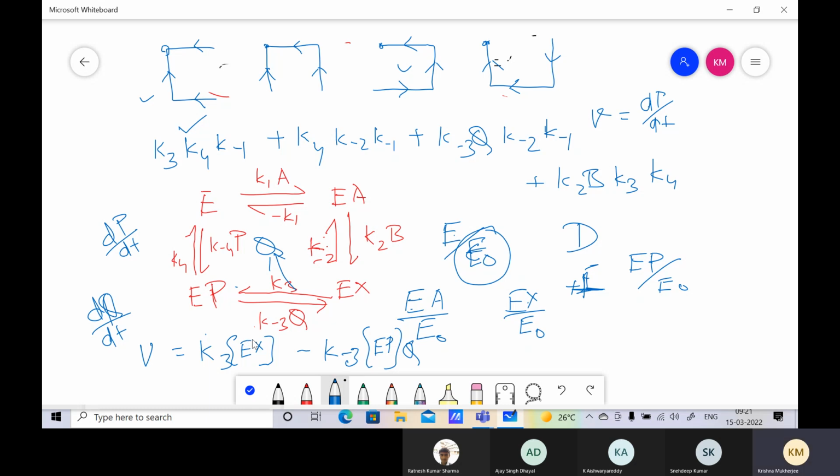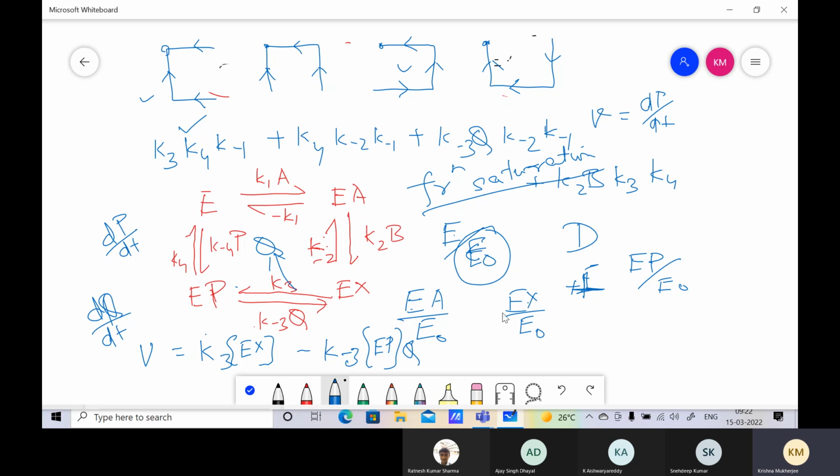And so when you write all these things, it does become very tedious. But really the point that I'm trying to make here is that this is a very standard method of finding out the fractional saturation. A graphical method which is preferred by biochemists, and you should be aware of this. It is a very tedious method, but finally many of these terms will tend to cancel out.